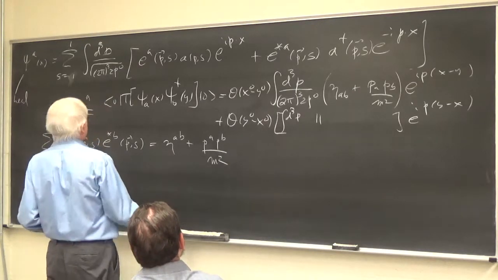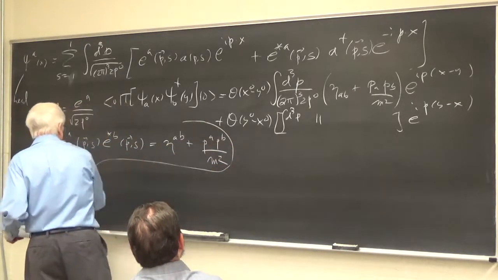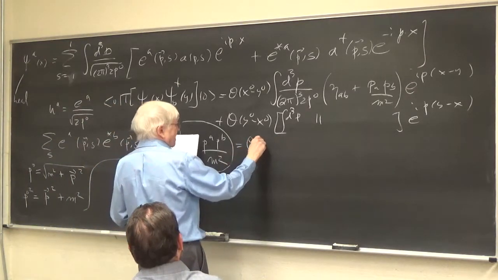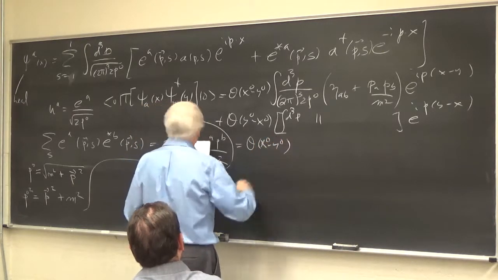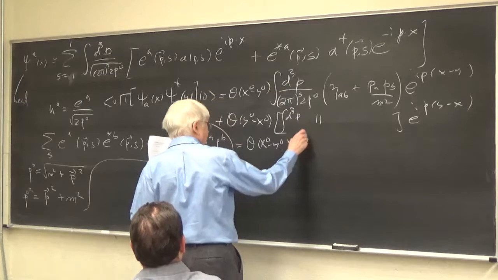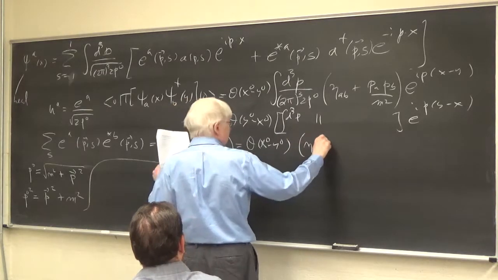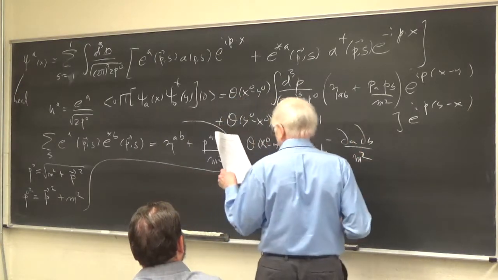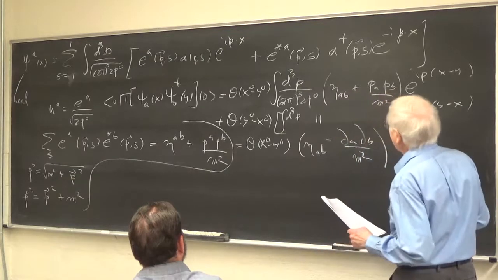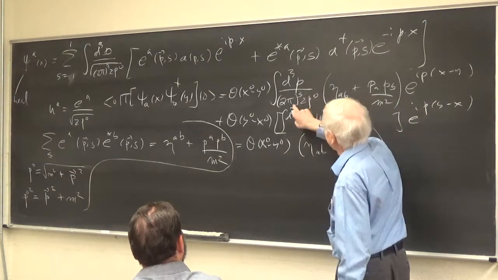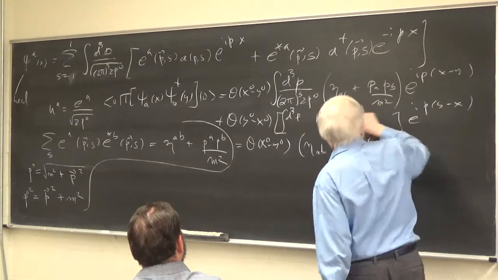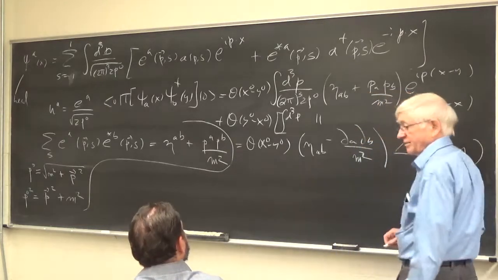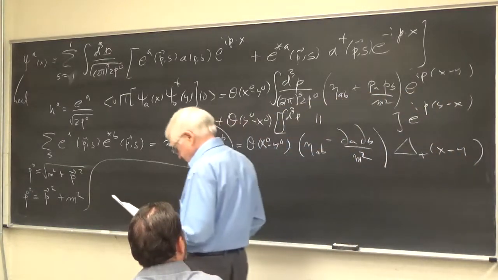And if we do, let me do it this way, then the propagator is theta of x0 minus y0, eta_AB minus d_A d_B over m squared, and this thing here, d³p over (2π)³ 2p0, this space factor, is delta plus of x minus y.